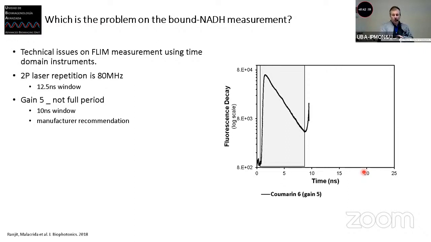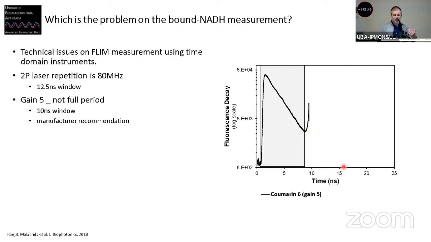So how do we acquire the data in the card, as you were asking before? In time correlated photon counting, we have the pulse and then the decay, and we match this with the period, but usually discard part of the decay. So you don't have all this part of the decay here.